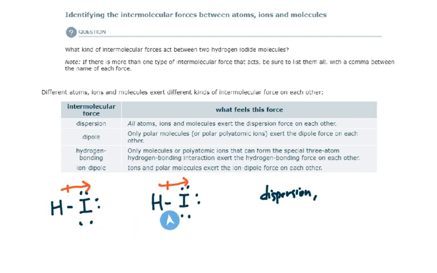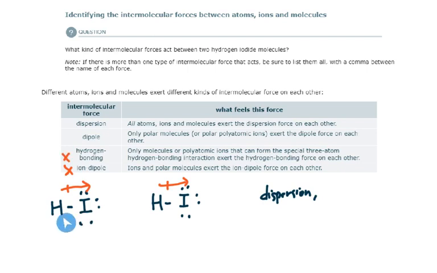So again, we've got these two polar molecules here. Dispersion forces are at play like they are between all atoms, ions, and molecules. Is this an ion? No, it's not an ion, so we cannot have ion dipole forces. Is this hydrogen bonded to either a fluorine, oxygen, or nitrogen atom? No, it's not. So we also cannot have hydrogen bonding.